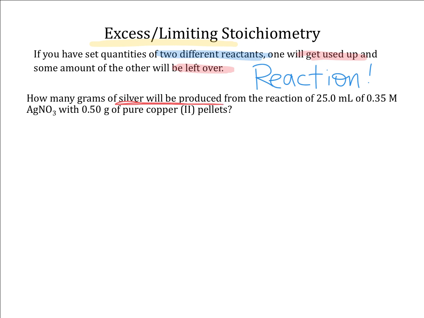If I'm going to write a reaction, silver is going to be on the product side of that reaction. Produced from the reaction of 25 milliliters of 0.35 molar silver nitrate, that's AgNO3, with 0.5 grams of pure copper pellets, that's just Cu.